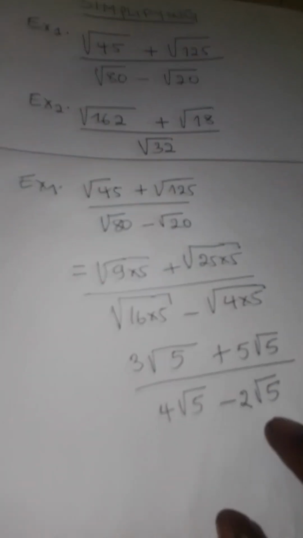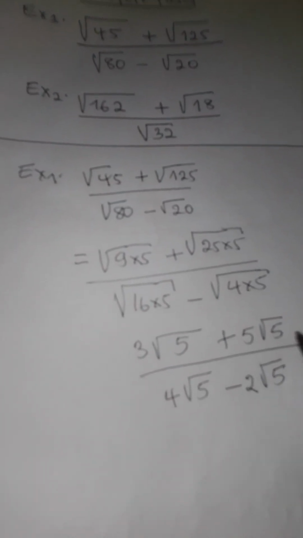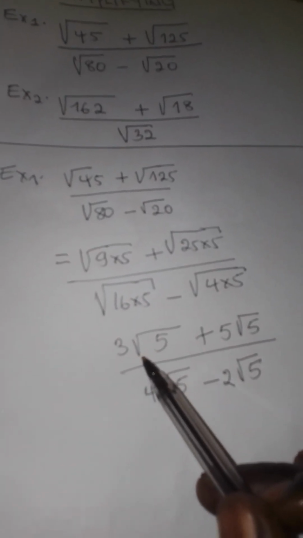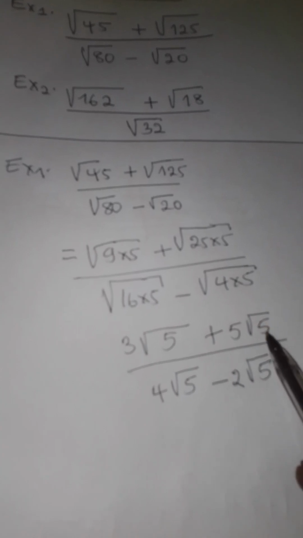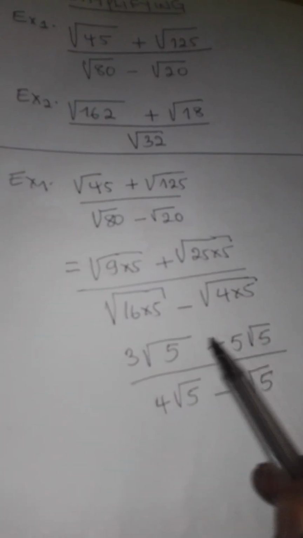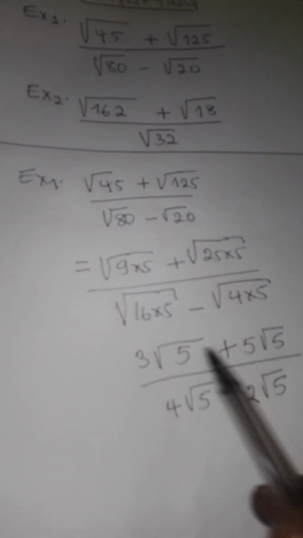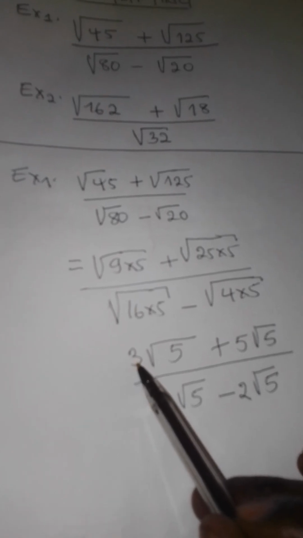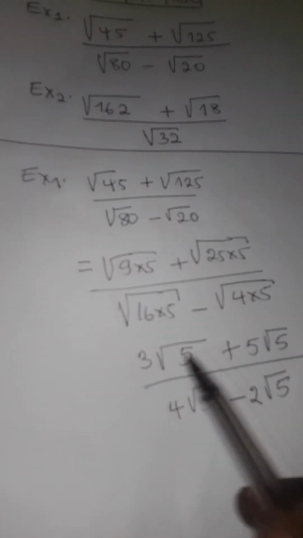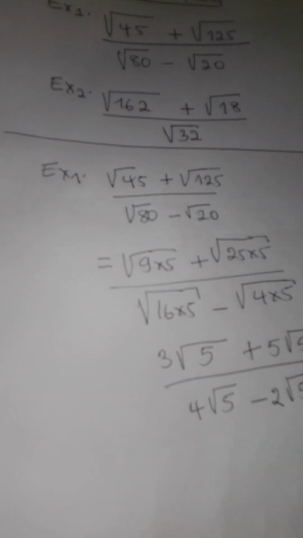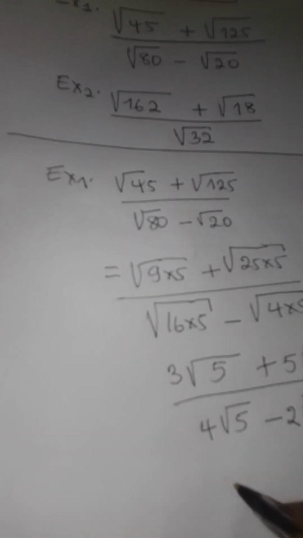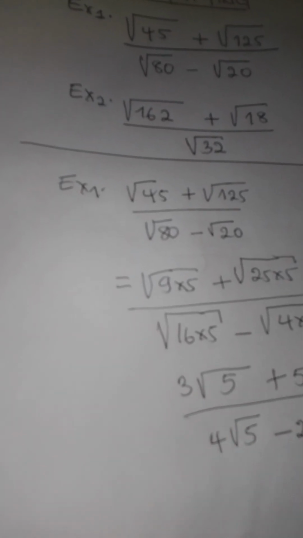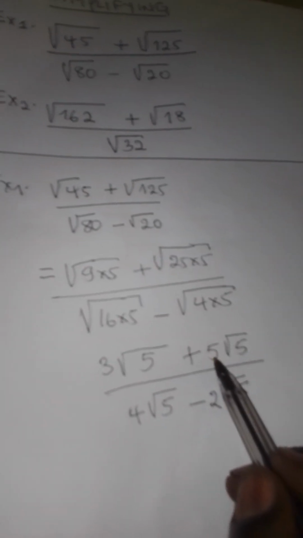Now here we keep simplifying, because as you can see, here we have root 5 and here we have root 5. Because we have the same root, now we add these two numbers. Here we get 3 plus 5 is equal to 8.